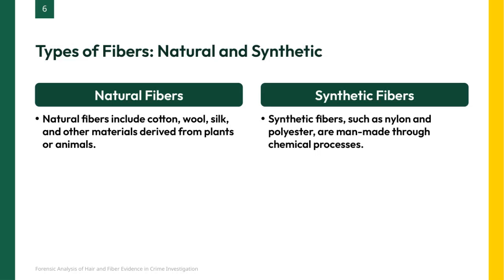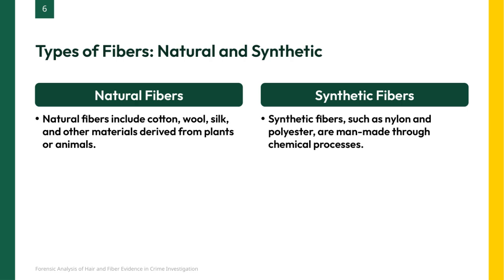When we talk about fibers, we can divide them into two main categories: natural and synthetic. Natural fibers come from plants or animals. For example, cotton is a natural fiber that comes from a cotton plant. Wool is obtained from sheep, and silk comes from silkworms. These fibers have been used for centuries in textiles due to their comfort and breathability.